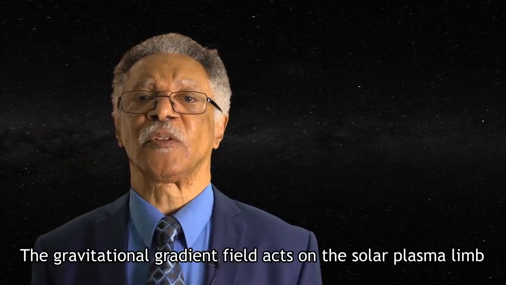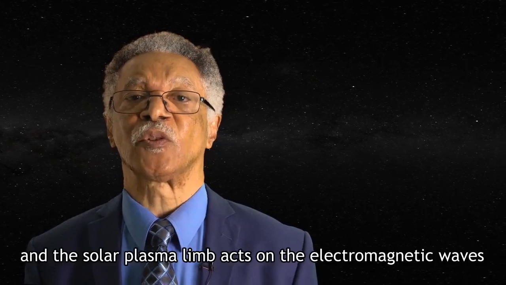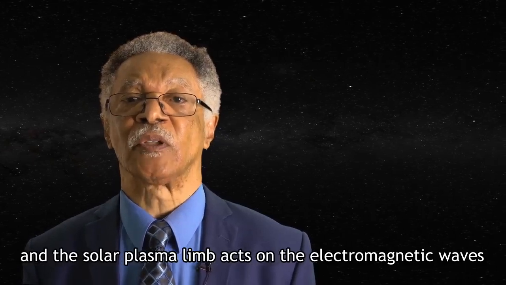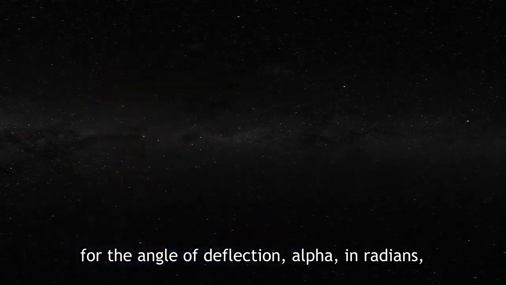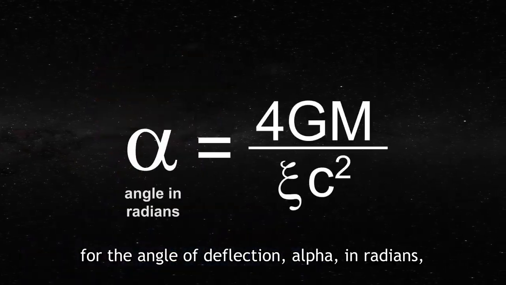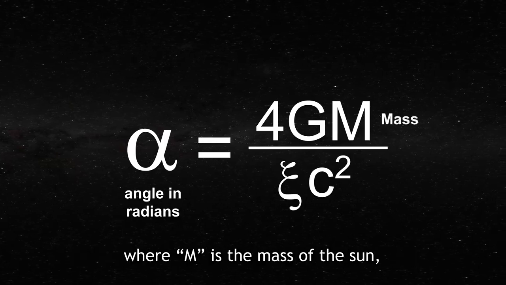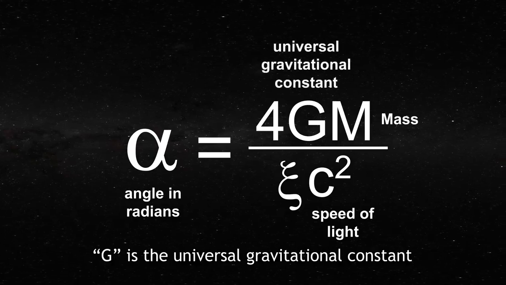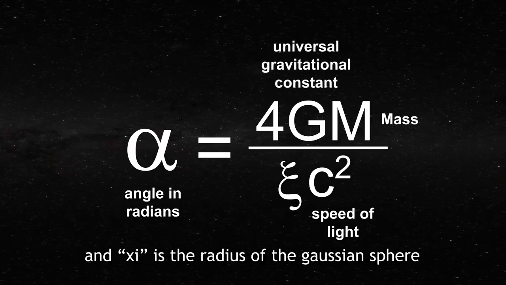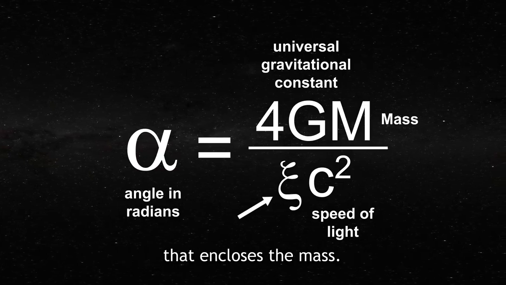The gravitational gradient field acts on the solar plasma limb, and the solar plasma limb acts on the electromagnetic waves, as shown in this equation for the angle of deflection alpha in radians, where m is the mass of the sun, c is the speed of light, G is the universal gravitational constant, and eta is the radius of the Gaussian sphere that encloses the mass.